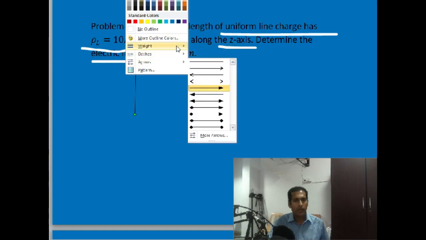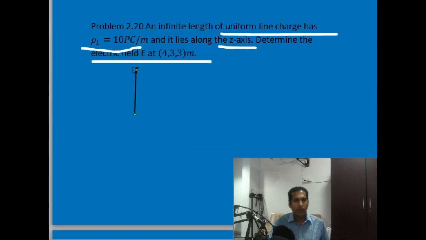Okay, so this is say the z axis, this is the y axis, and here is our third axis, the x axis. So this is z, this is y, this is x.